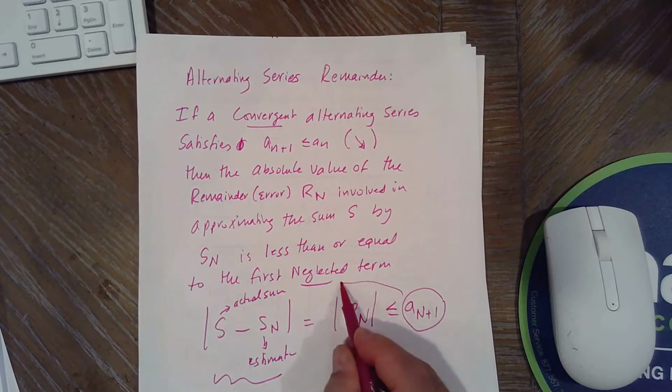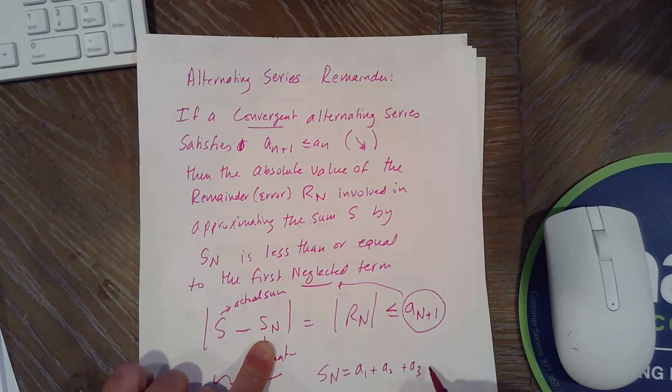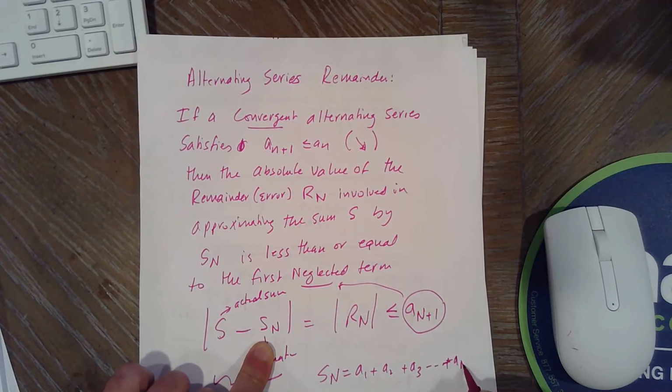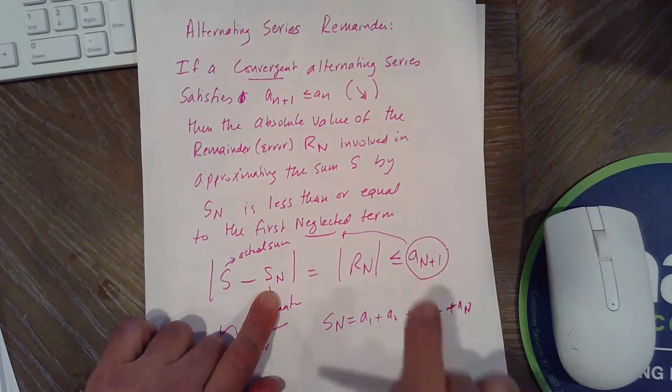Why the first? Because we're using Sn, and Sn is a1 plus a2 plus a3 plus ... an. So you ignore everything after an. What's the first ignored term? It's the one after an, which is an plus 1. Okay?